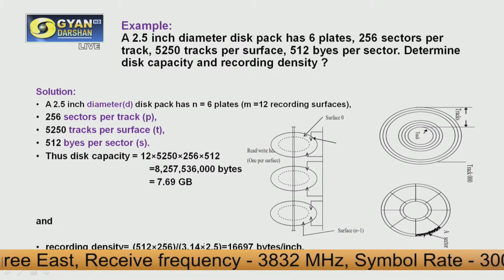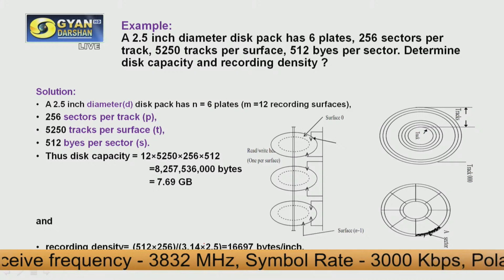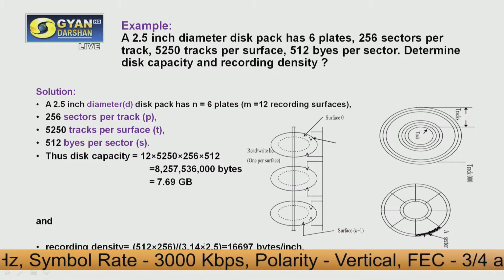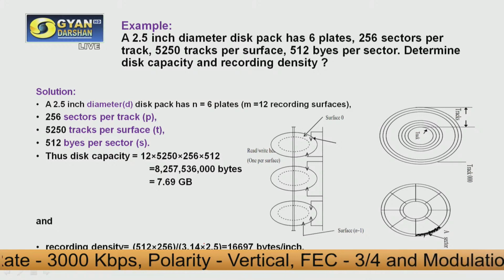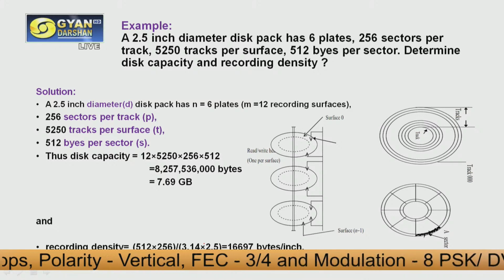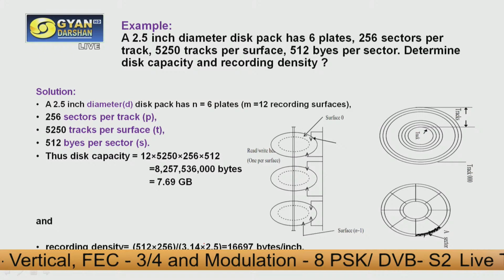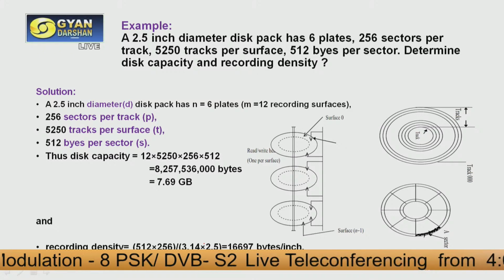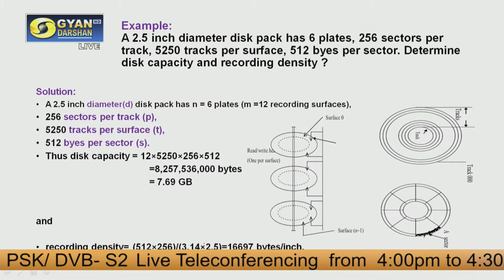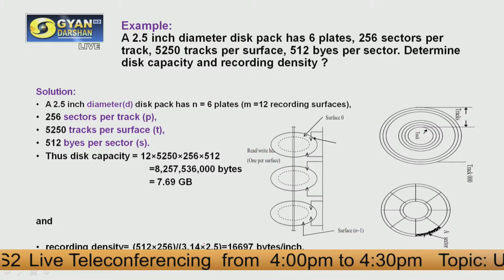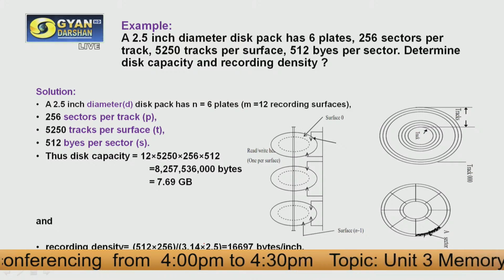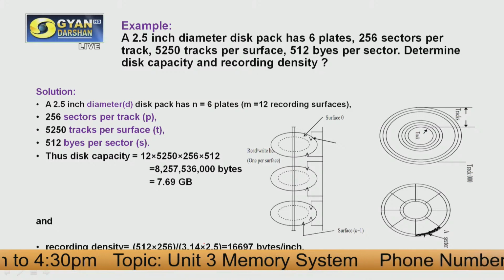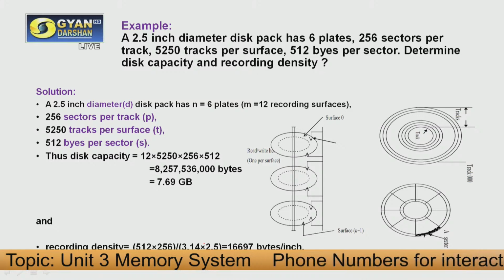Apart from this, the disk capacity is given by m, that is, number of plates N into 2, where we are given 6 plates. So 6 into 2, 12 recording surfaces are there. So the formula is m into T into P into S, that is, number of recording surfaces into tracks per surface into sectors per track into bytes per sector.